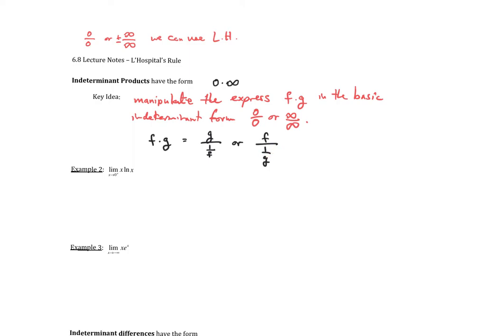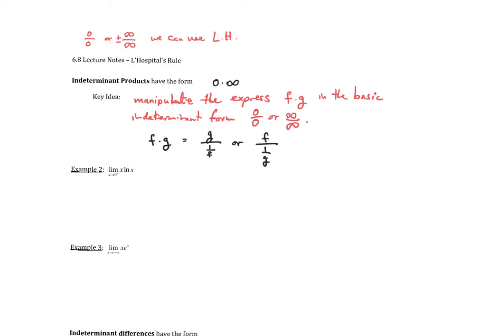Let's take a look at an example and use it to help us understand indeterminate products. We're going to take the limit as x approaches 0 from the positive side of x times natural log of x.